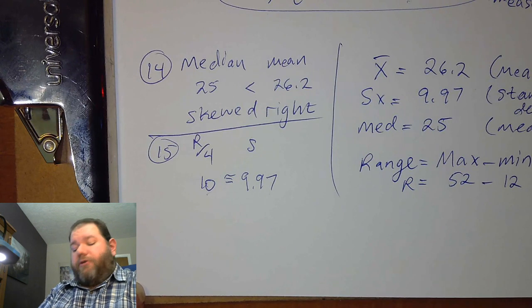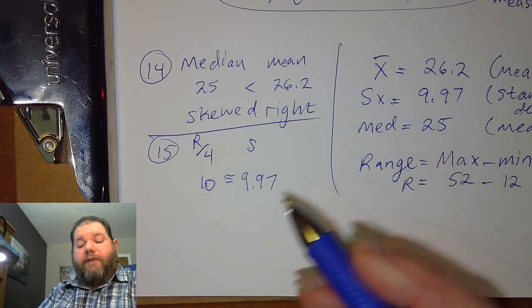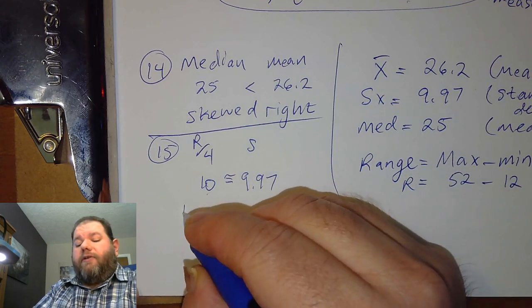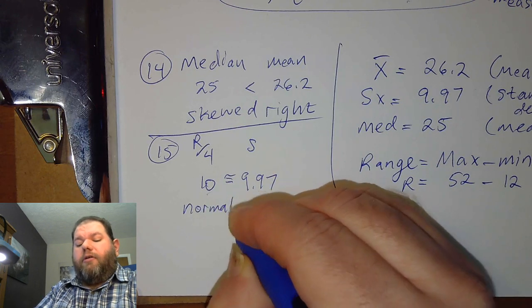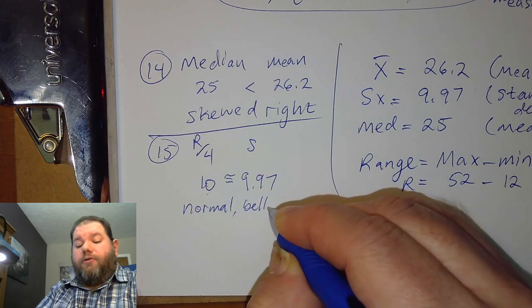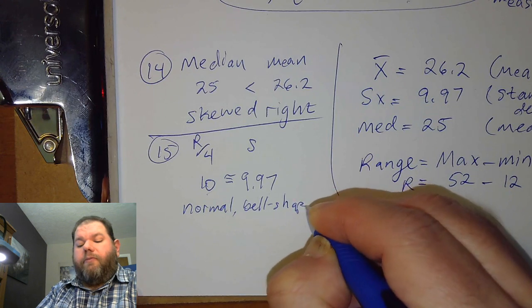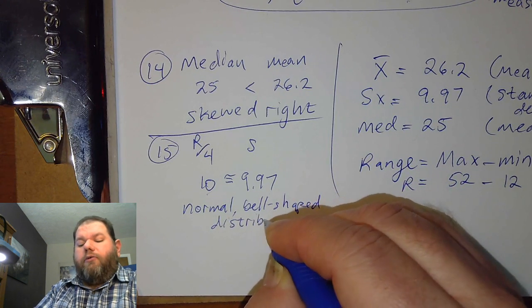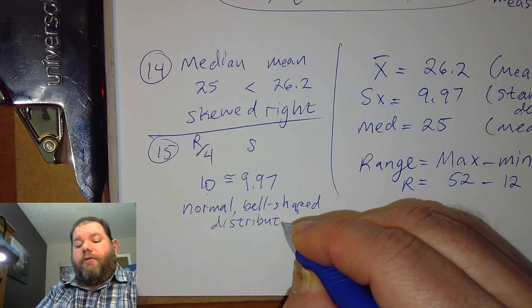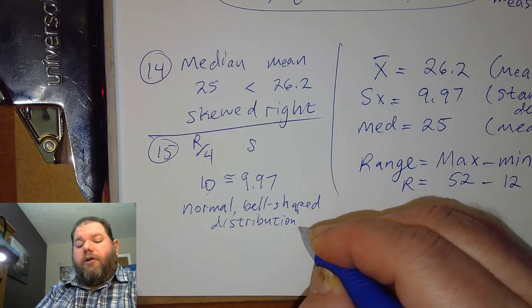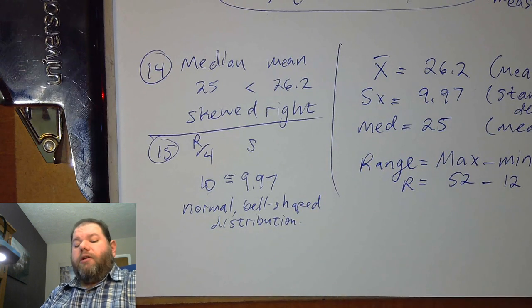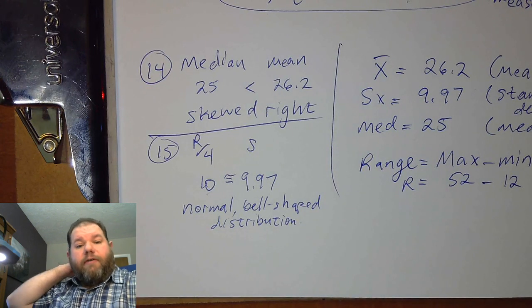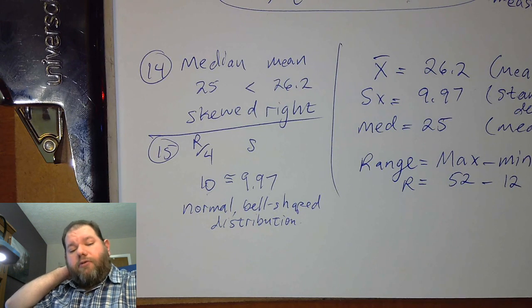And so in that scenario, I would say yes, they're the same, and so we can say it's a normal bell-shaped distribution. So it would be neither compact nor spread out. It would actually be a normal bell-shaped distribution because we found that r divided by 4 is approximately equal to the standard deviation, s.